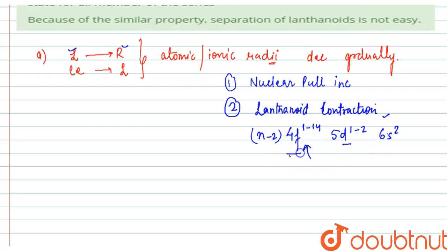We know 4f orbitals are pretty diffused ones, which means that they cast a poor shielding effect. As they cause poor shielding, the valence electrons are more attracted or more bound towards the nucleus, and due to this reason the atomic and ionic radii show a gradual decrement.